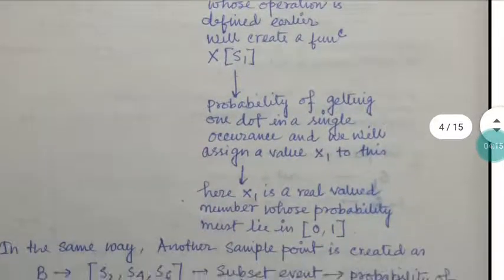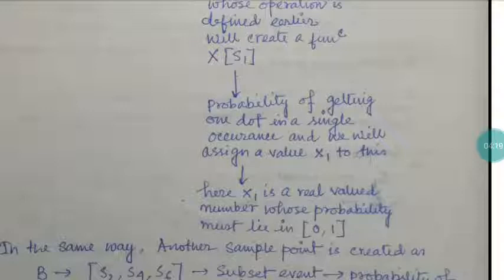The second part is the probability of getting one dot in a single occurrence, and we will assign a value x1 to it. That x1 is a random number, and that small x1 is a member of capital X of S1.